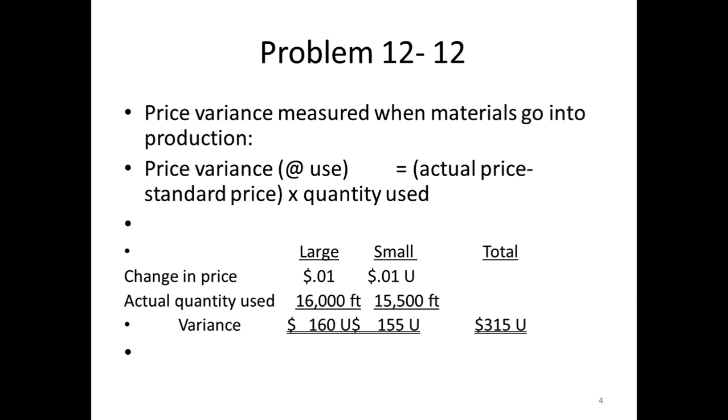If, in fact, the opposite was true and we used more materials than were purchased, so we drew on inventory, in other words, so the purchases were less than the actual consumption, the price variance at the purchase price would be less than the price variance at use. So the situation would reverse.